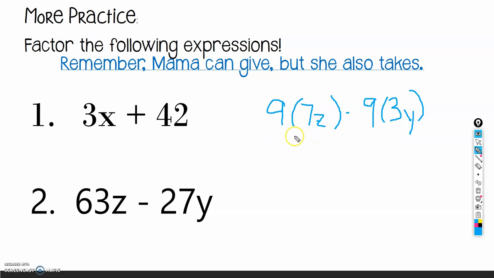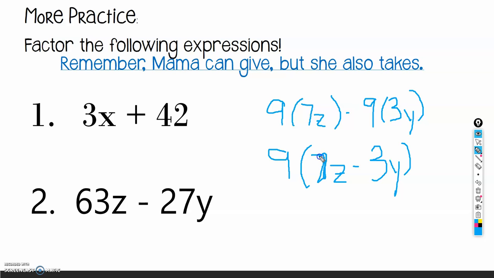So let's go ahead and pull that 9 completely out, because Mama gives, but she also takes, so I have my 9 completely pulled out. 7z minus 3y. This is supposed to be a 7, guys.